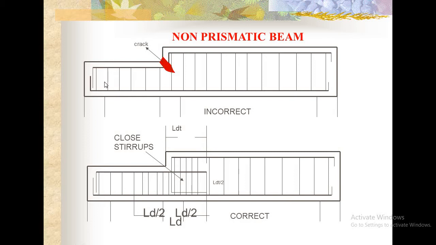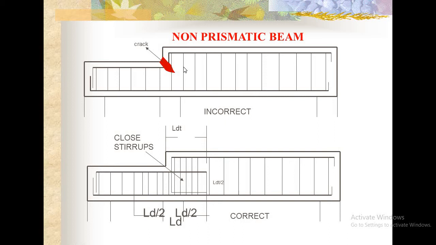So as it is sagging here, actually it is another case. Here is a column, here is a column, and here is a column, and this is a non-prismatic beam, meaning the cross sections are different.